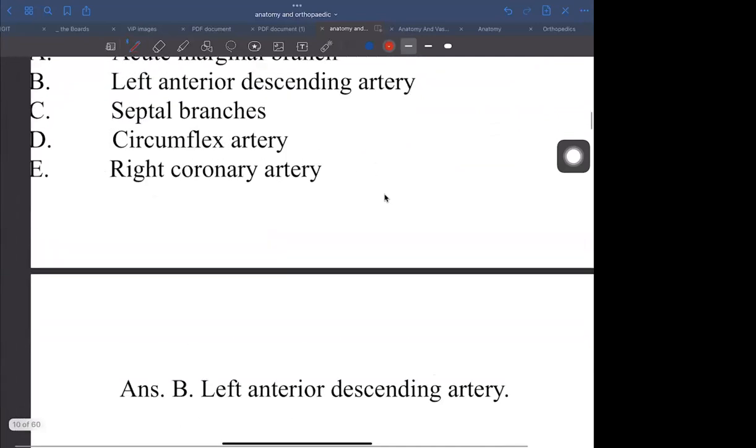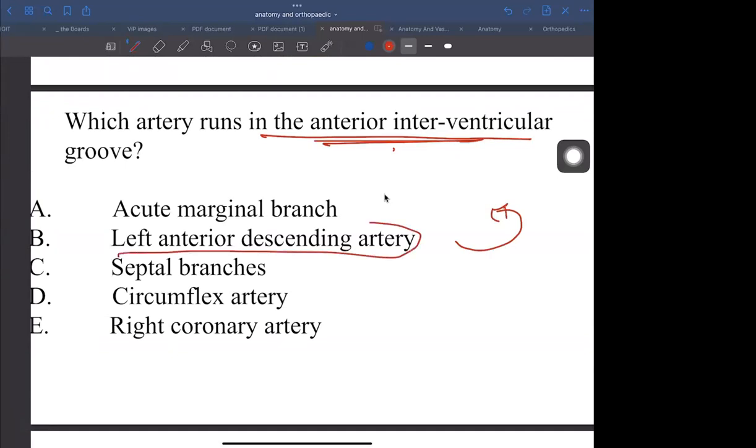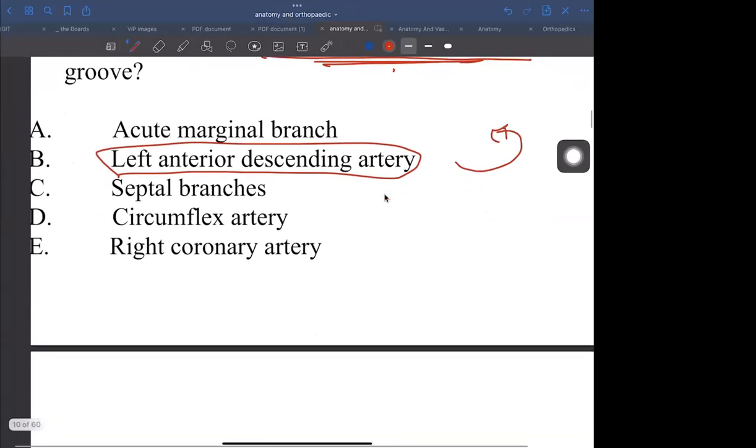You think the circumflex is in the anterior interventricular groove? It just goes backward from the left side, right? In the posterior groove, right? Okay. So it's the anterior interventricular, it's the biggest artery in the anterior part, so it's going to be the left anterior descending artery.